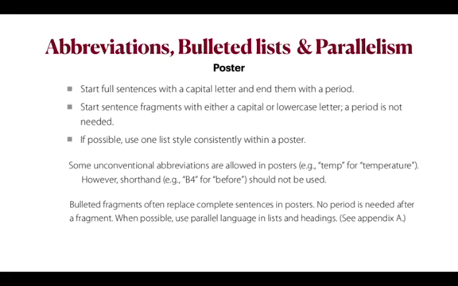Now let's move on to bulleted or numerical lists. Lists are common in posters. It is customary to capitalize the first letter of the first word in a bulleted list if the list contains full sentences ending with periods. Otherwise, lowercase is preferred.